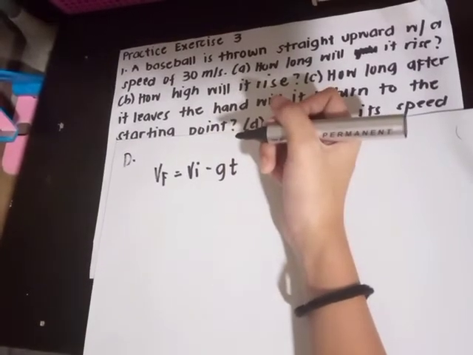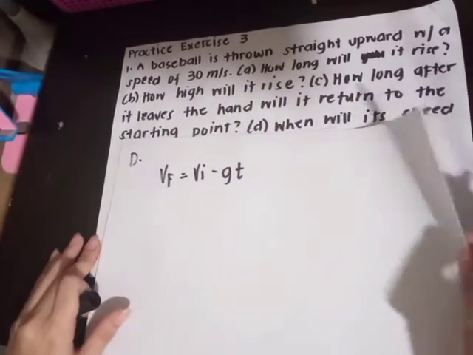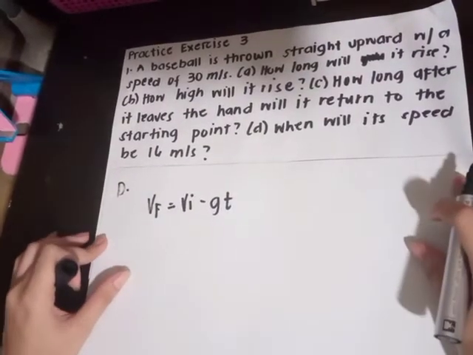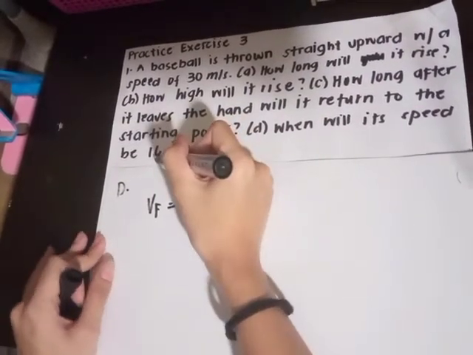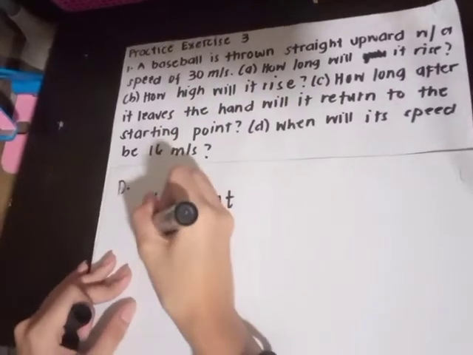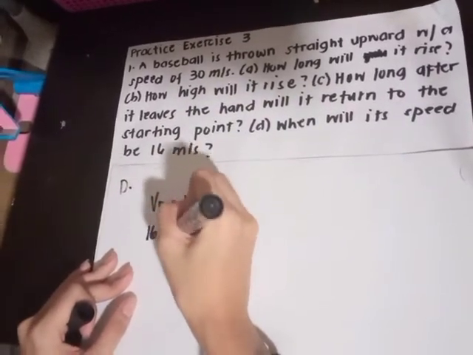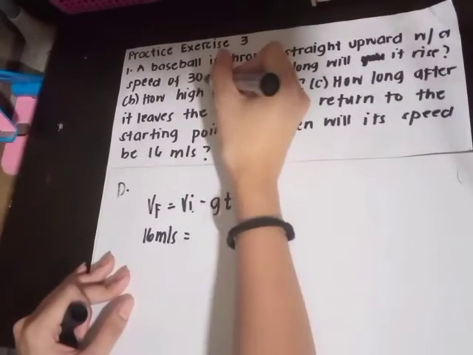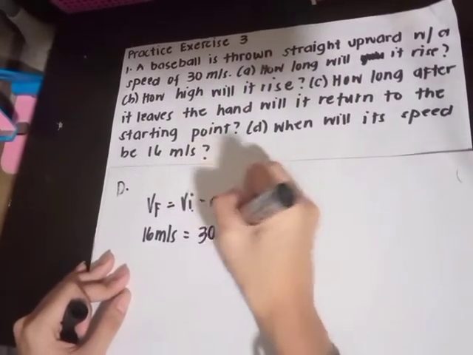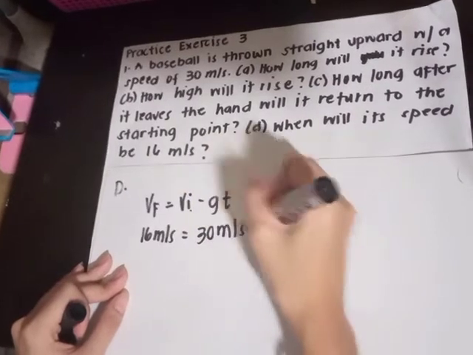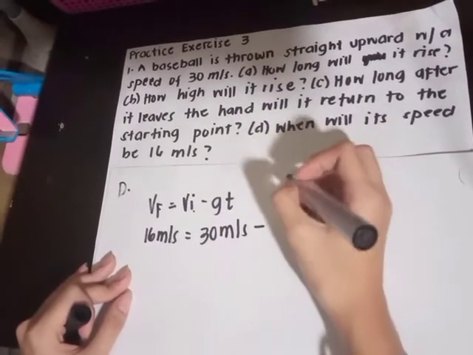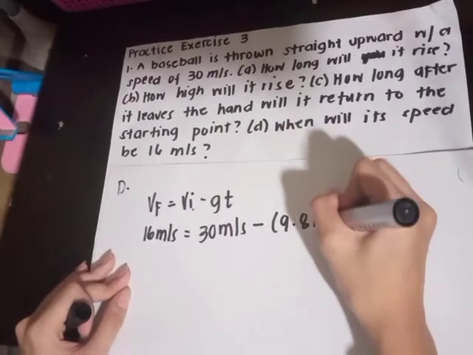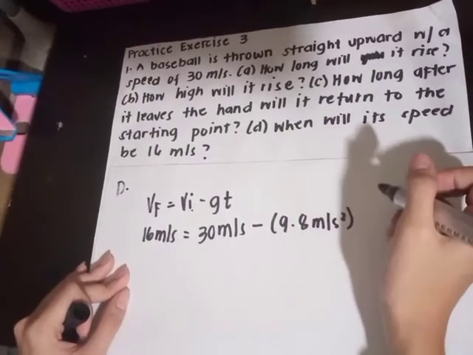So, dito, isa-substitute lang natin siya, pero ang gagamitin na natin for its final velocity is itong 16 meter per second. So, we have the final velocity of 16 meter per second equals the initial velocity, which is the 30 meter per second, minus the product of gravity and time. Gravity is 9.8 meter per second squared.